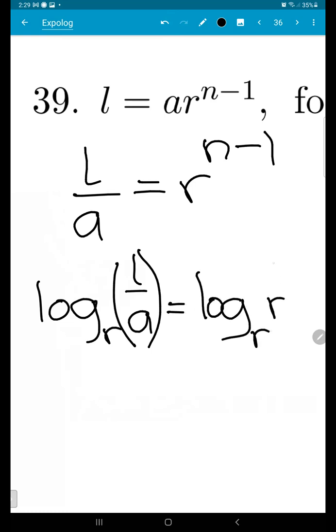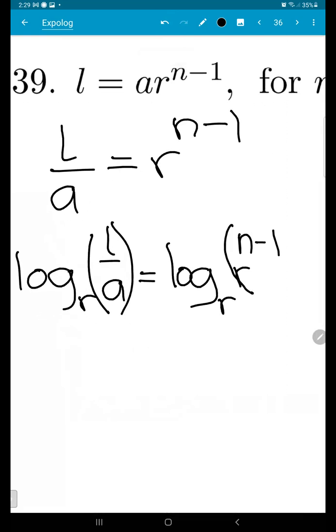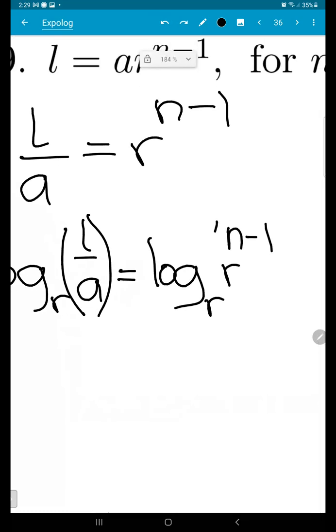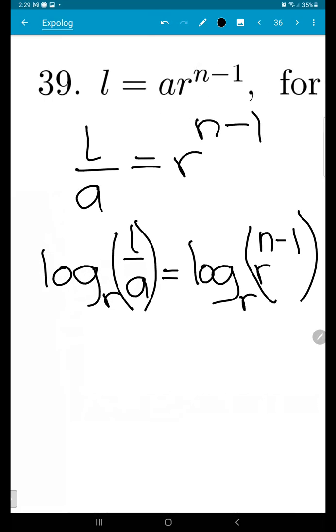Actually, the right-hand side is just the exponent. What should I raise r to get this? It's n minus 1. This is logarithm base r, and this is exponential base r. So remember, they undo each other.